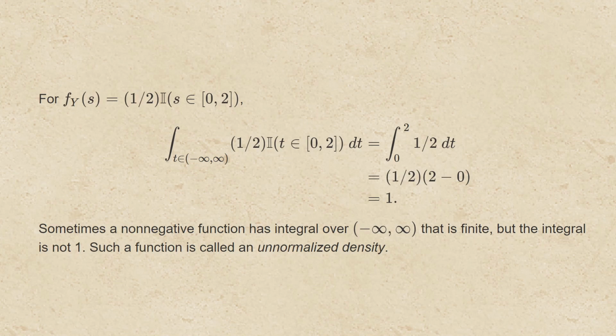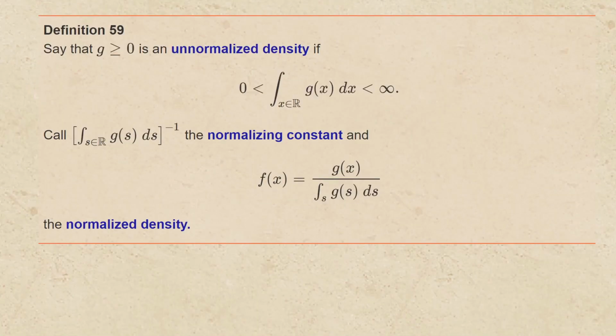Now, sometimes a non-negative function has an integral over negative infinity to infinity that is finite, but the integral is not 1. Such a function is called an unnormalized density. So we're going to call g greater than or equal to 0 an unnormalized density if when we integrate g of x dx over all x real numbers, we get a number that's strictly greater than 0, but also strictly less than infinity.